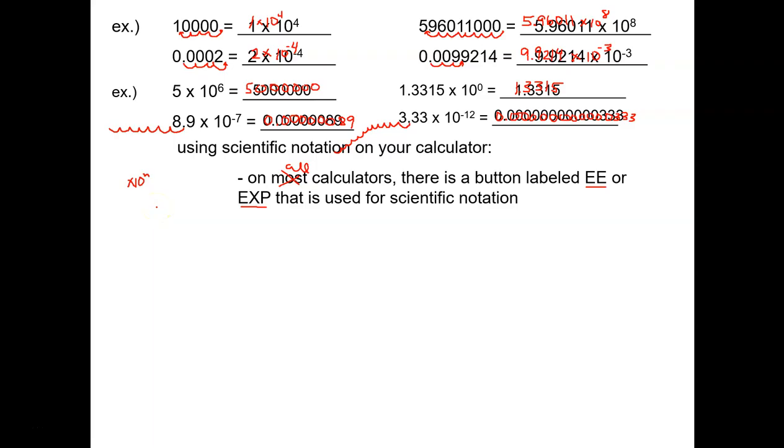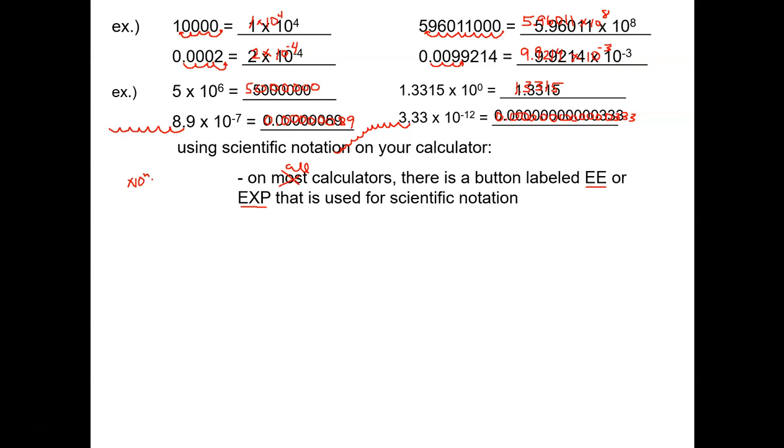Whatever it is, there is a special button, and that special button stands for times 10 and an exponent of some kind. So all three of those are taken care of right there with that one button.